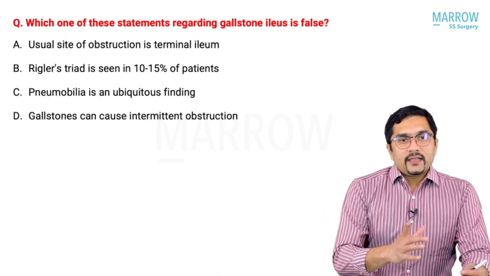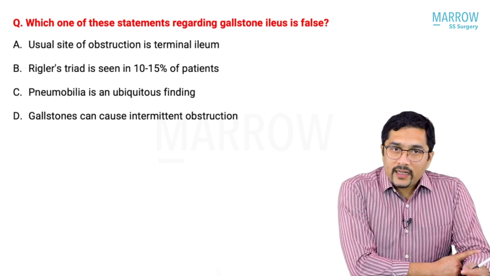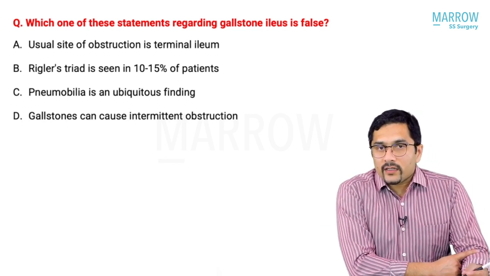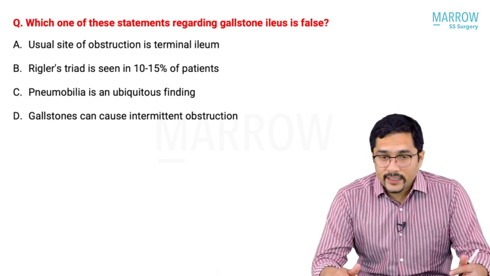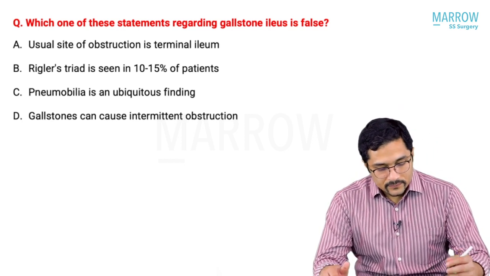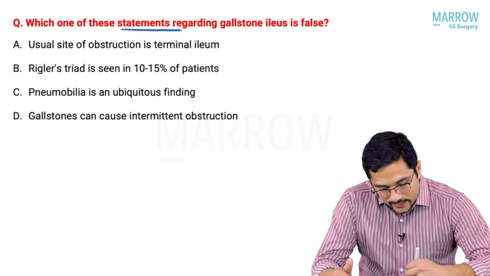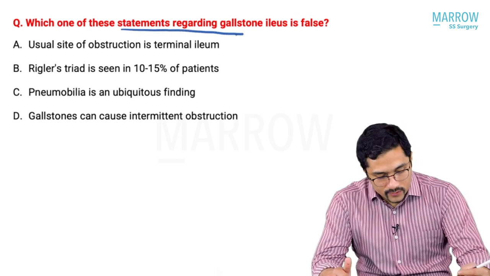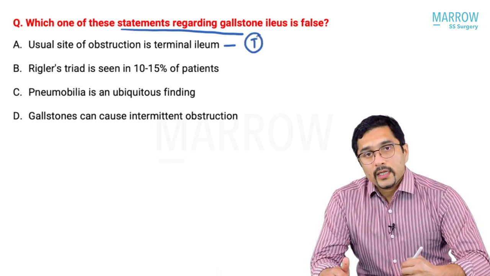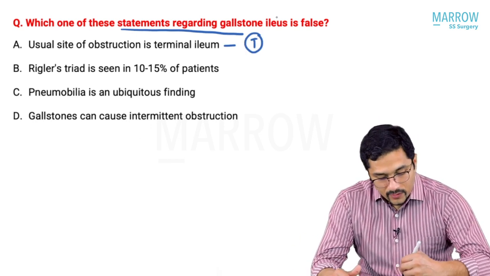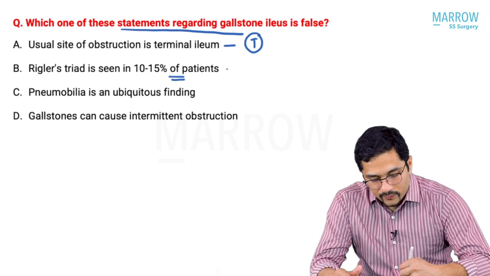Again, gallstone ileus. There was one question in the NEET SS exam regarding Riegler's triad and gallstone ileus. Which of the following statements regarding gallstone ileus is false? The usual site of obstruction is the terminal ileum. This is true. It is the last 2 feet of ileum. Riegler's triad is seen in 10 to 15% of patients.